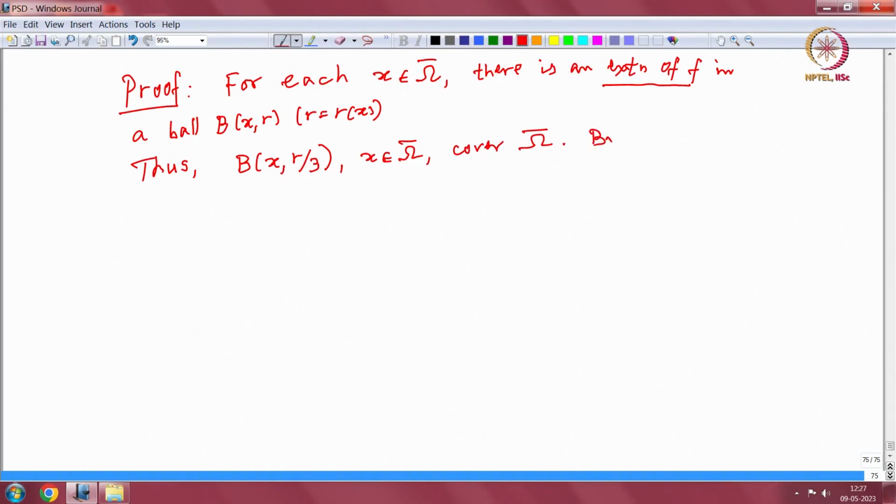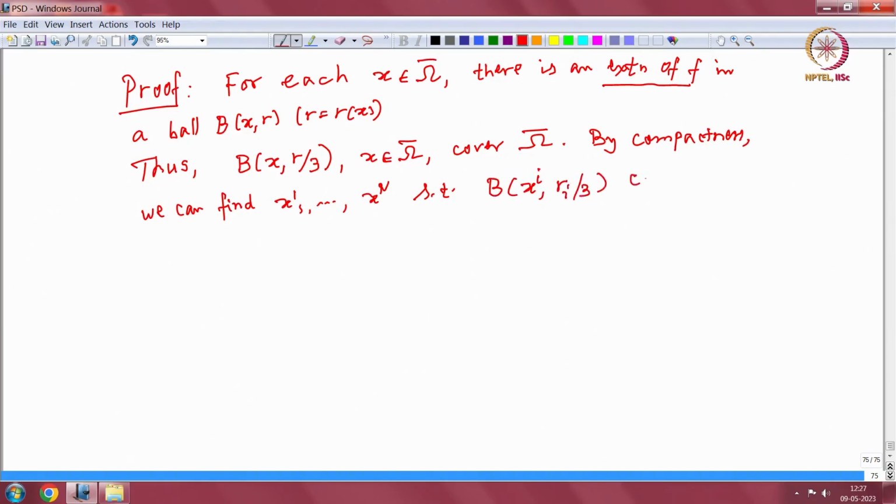So by compactness, there are finitely many, so we can find x1, x2, ..., xn and corresponding r1, r2, ..., rn such that the balls B(xi, ri/3) cover omega closure.